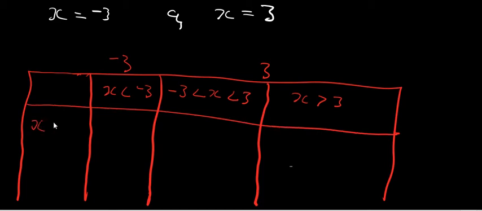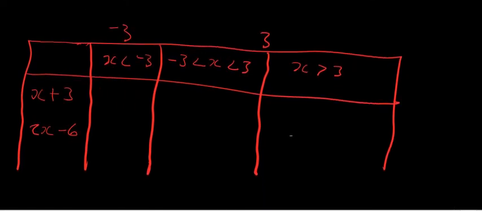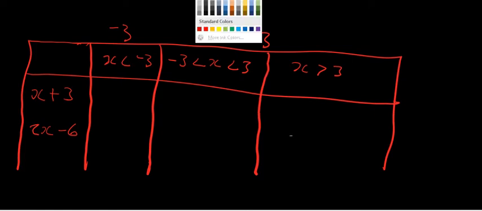Then after that, I'm now going to get the sign. The numerator was x plus 3 and the denominator was 2x minus 6. I'll start with the first one, which is x less than -3.